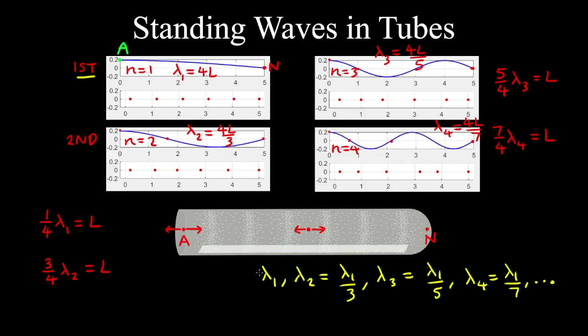Because to get a mathematical relationship between the length of the tube and the wavelength of each harmonic, being lambda 1 on n, then we need to make n an odd number. So we have n equals 3, n equals 5, and n equals 7.